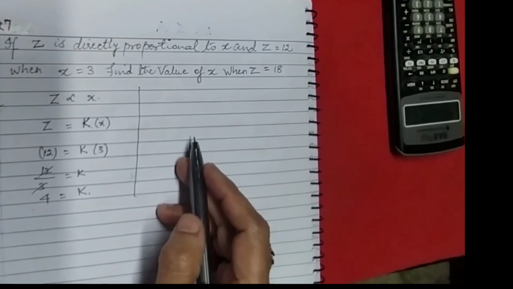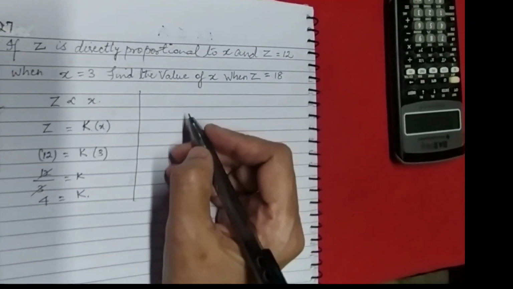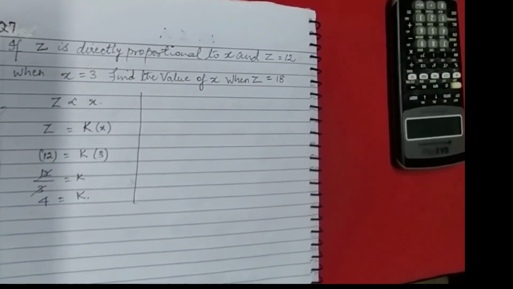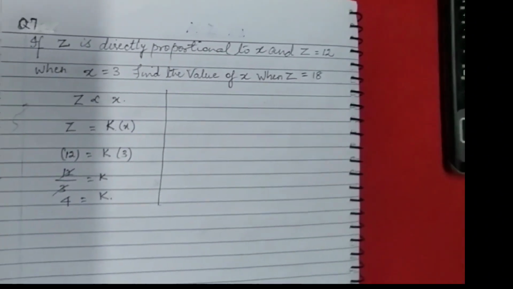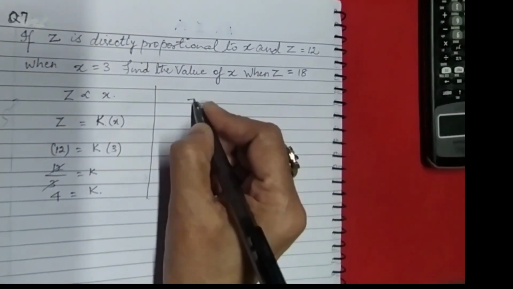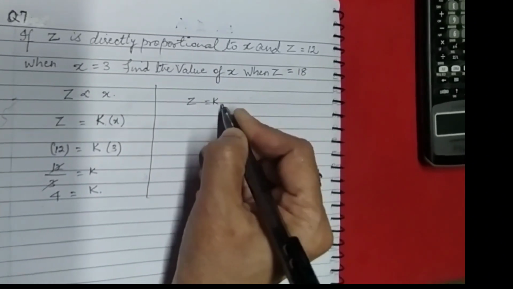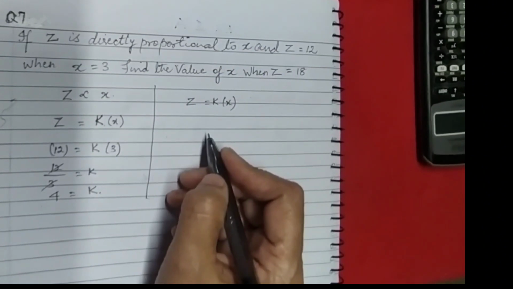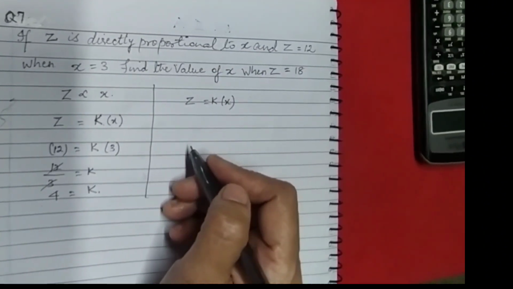After this there's another part, that is find the value of x when z is 18. So you're going to write your z is equals to kx. Okay, after this we're going to put the values in it so that we can get our x.